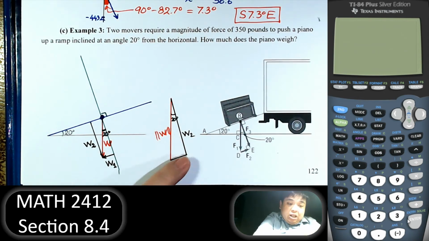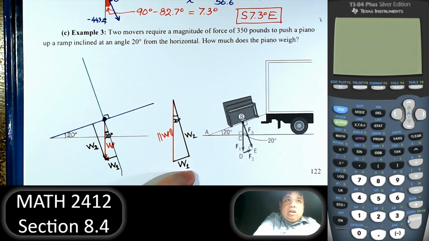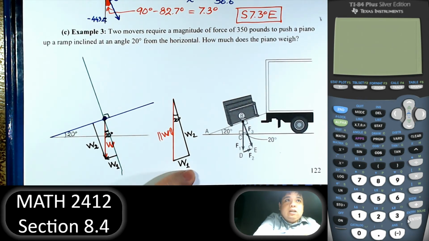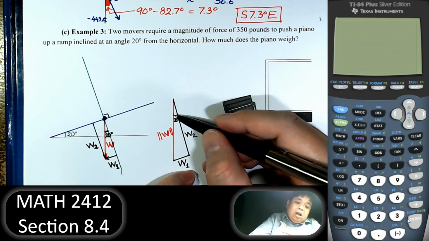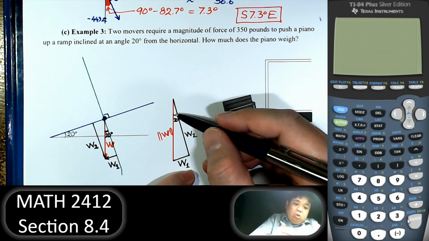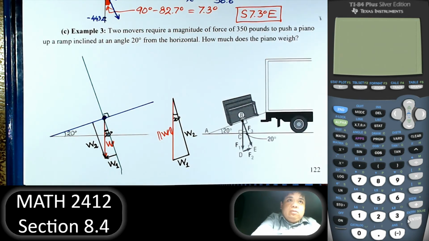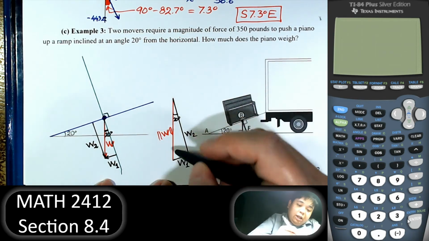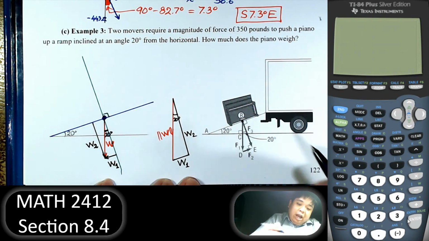Now we're interested in W1. What is W1? W1 is opposite to the 20 degrees angle.